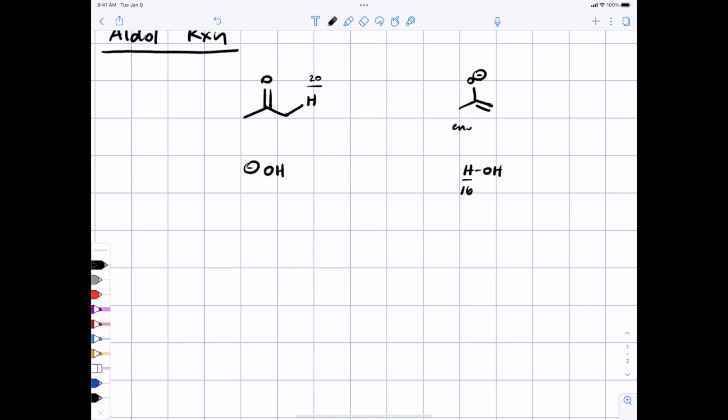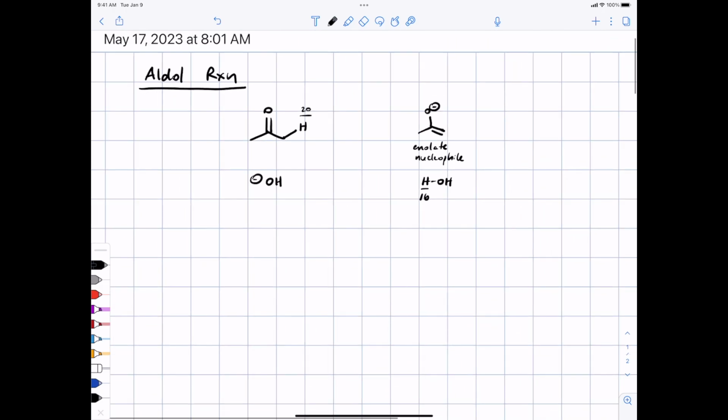So here is an enolate. We know enolates are nucleophiles, and equilibrium favors the ketone. The enolate itself is in equilibrium with the enol conjugate acid, which is a tautomer of the ketone.